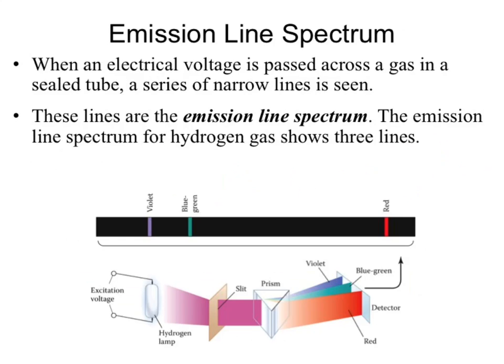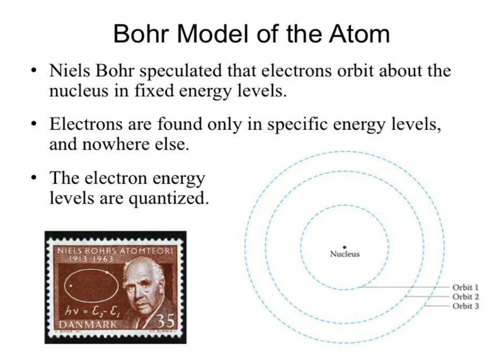Okay, so what does this mean? Well, the result is that we get a discrete energy level as opposed to continuous. So Bohr said instead of a sea of electrons around a nucleus, I know this image is not the greatest, we've got our nucleus in the center.